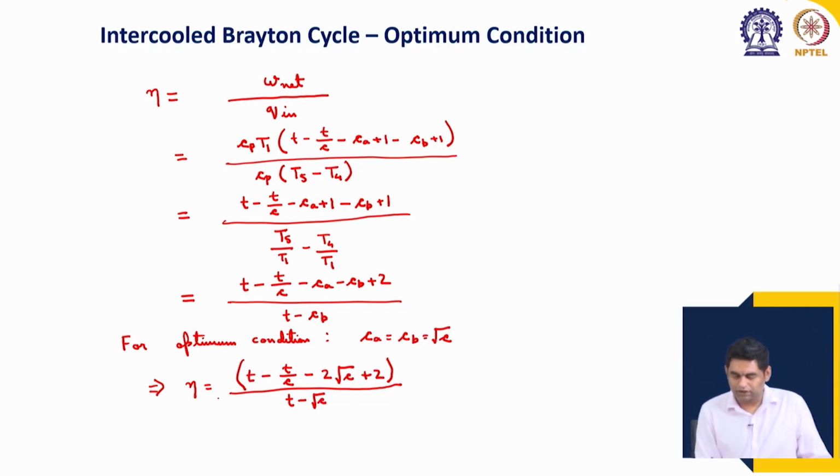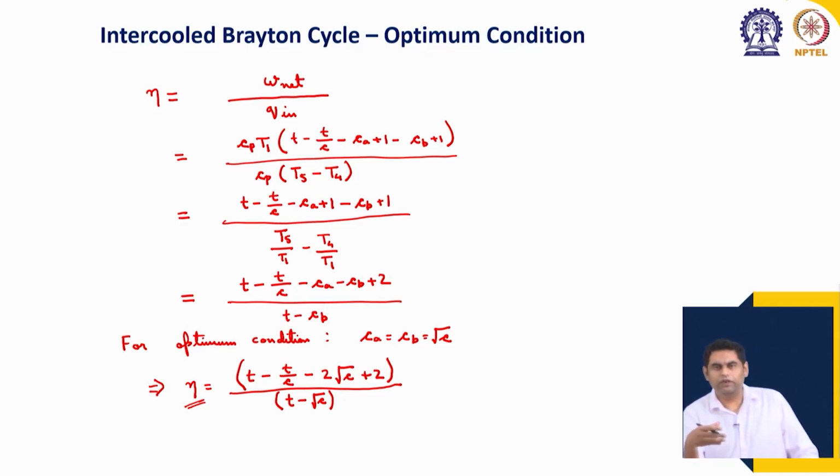So, eta is equal to (T minus T by C minus 2 root C plus 2) divided by (T minus root C). So, this is the maximum efficiency. This is a complex expression, means complicated expression. Directly we cannot say how the efficiency varies with T or C. So, we need to plot using some numerical tool the efficiency for various values of T and C, and from there we should be able to find how the efficiency varies with T and C, for this optimum condition.